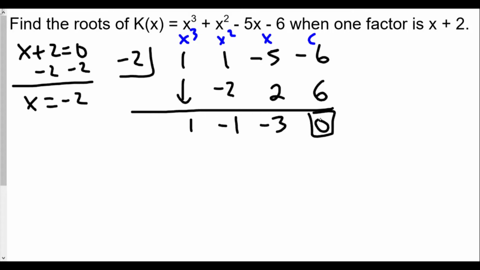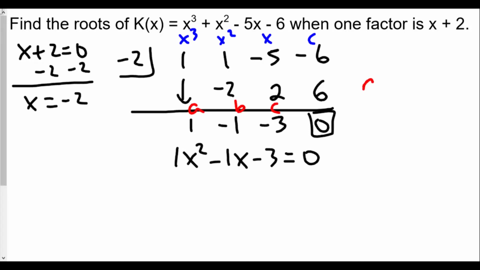But now we get a quadratic equation that's 1x squared minus 1x minus 3 equals 0. There are no numbers that multiply to negative 3 and add to negative 1, so we have to use the quadratic formula. Our a value, our b value, and our c value are already set up for us.